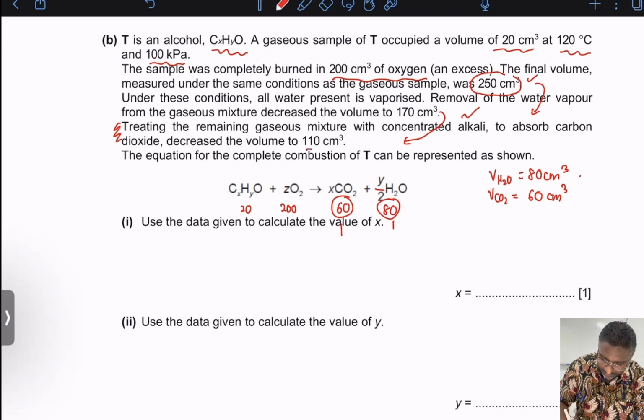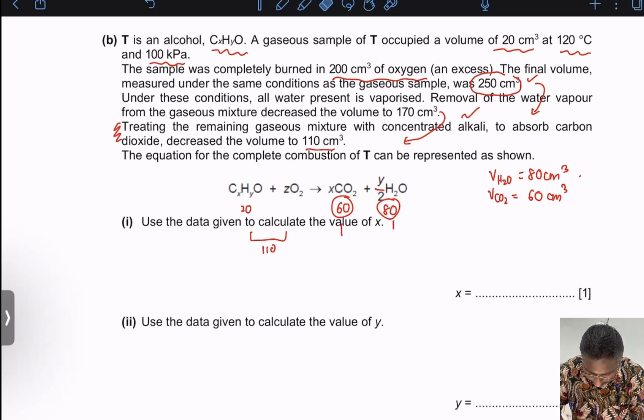Because this one decreases the volume to 110, these two are supposed to be 110. So if I want it together to be 110, then this one should be 90. Don't know whether I'm correct or not.